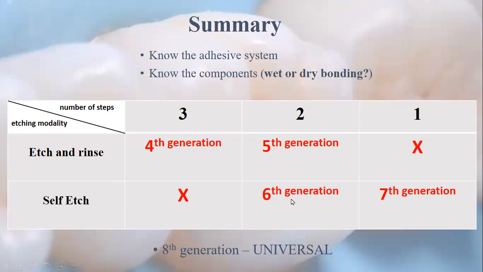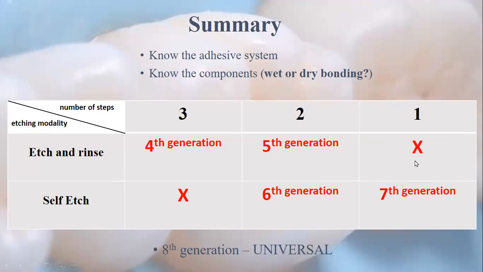Okay. Now move on. If it's 2 steps, as self-etch, it is the 6th generation. It's because in this generation, we don't have a separate etching modality. We have the self-etching primer, and then we have the bond as a separate step. So it's 2 steps.